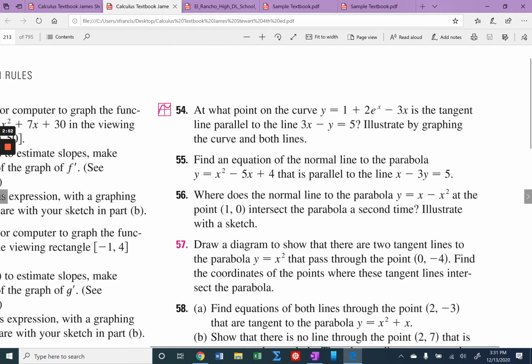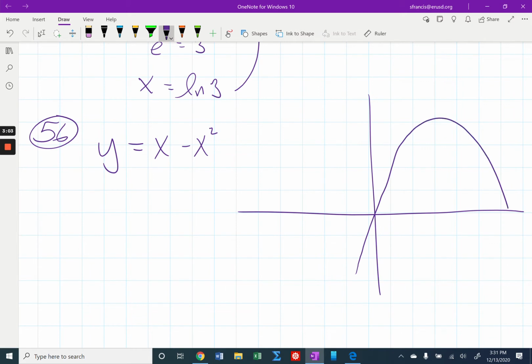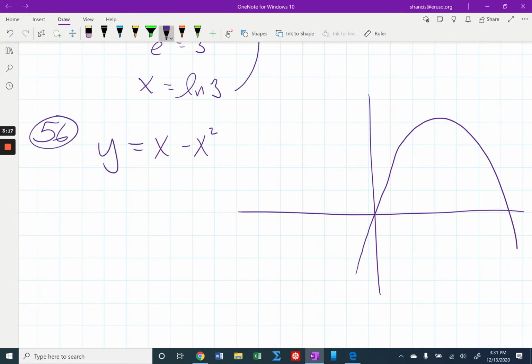So for this one, I'm going to give you just a quick sketch of it. I don't know what the graph exactly looks like. It goes through the origin, it's concave down. I think it's on this side of the axis over here, but I'm not 100% sure. And if I'm wrong, oh well. It says at (1, 0), so my scale is way off over here.